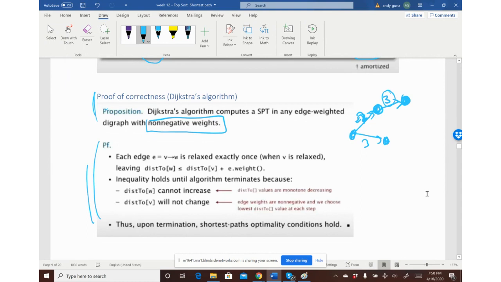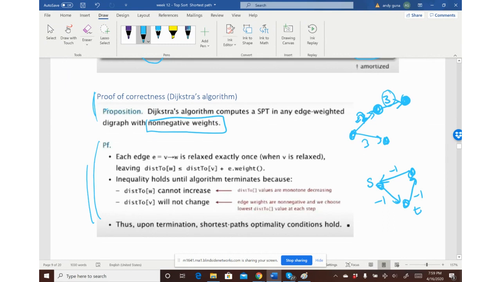The problem with negative weights is this.